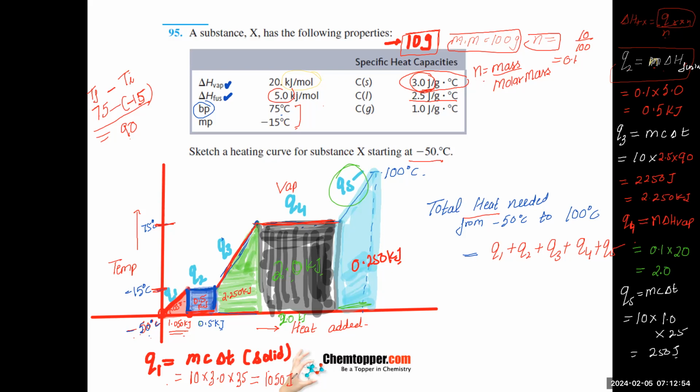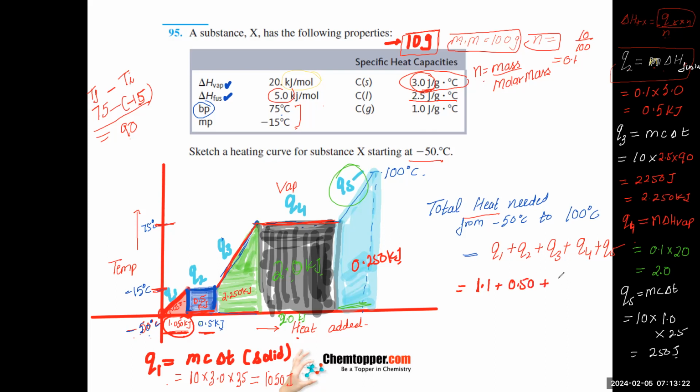If you see, everything is given here in two significant figures. So all these energies I have to take in two sig figs, all of them. So Q1 is 1.1 kilojoules. This is Q1. Q2, 0.50, 2 sig figs.